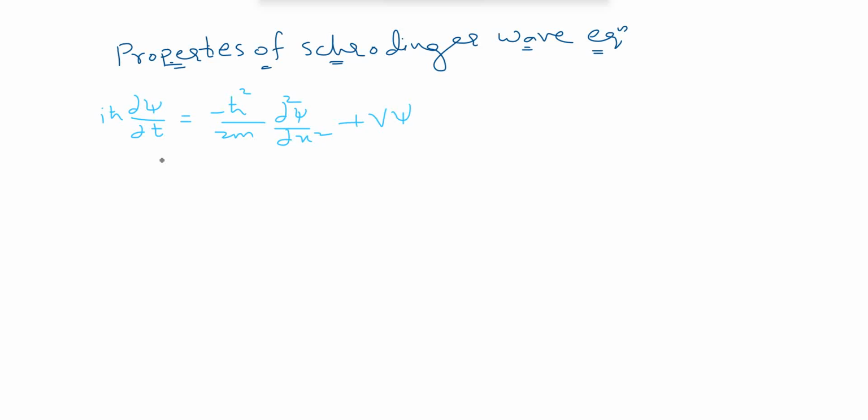The first property is that we can see here that the Schrodinger wave equation is a first order differential equation in time, because the order of ∂ψ/∂t is 1.